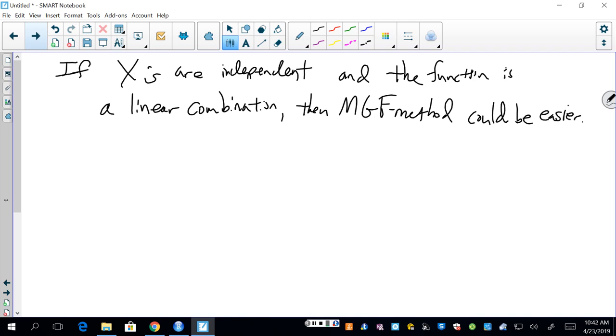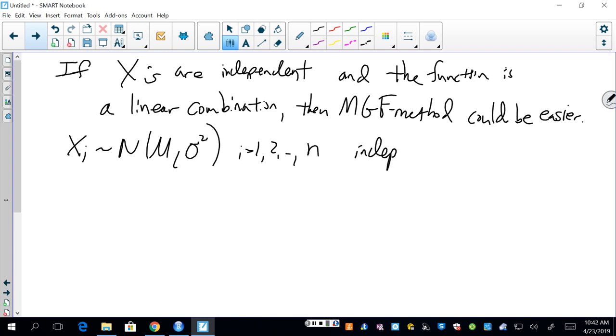So in particular, let's consider an example where it works out. Let's say that x values, x1 through xn, each one follows a normal distribution with some mean and variance, and they're all independent of one another.